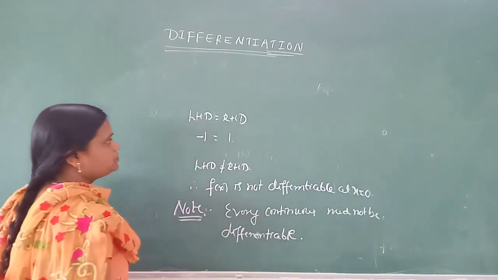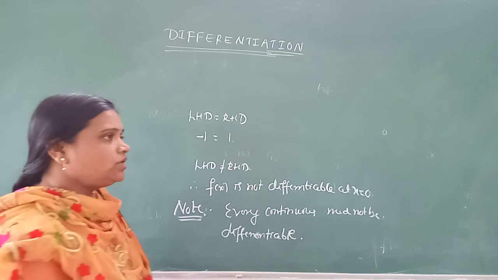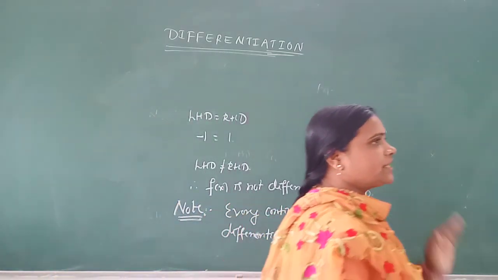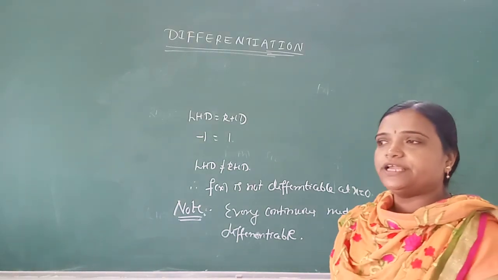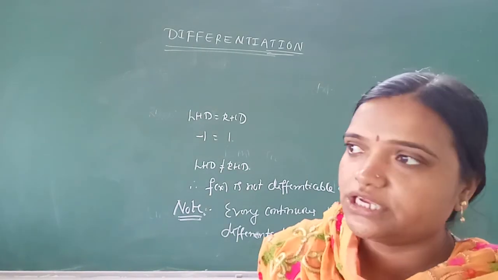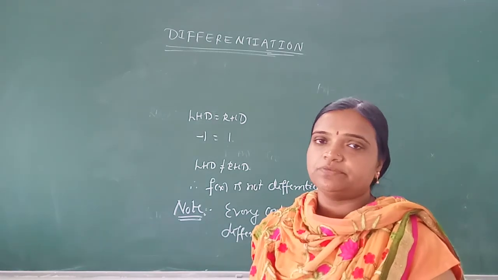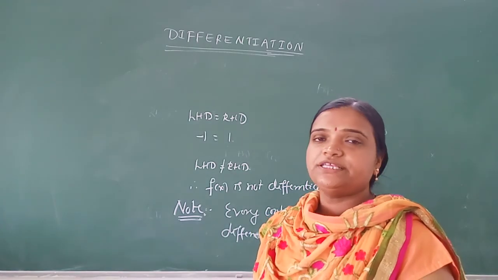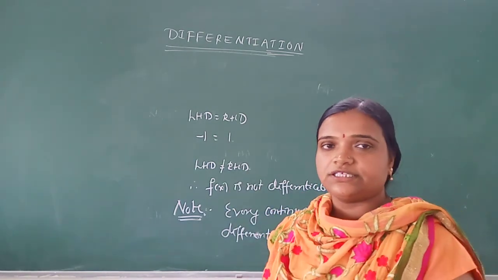Okay, remember this. Differentiable functions are continuous functions, but continuous functions need not be differentiable. Okay, after knowing this, next class we will take examples based on that. For that, please remember all the formulas so that we can easily calculate the examples. Thank you.